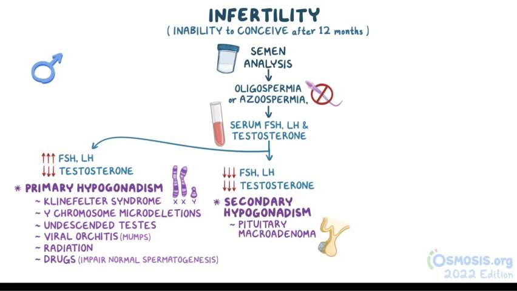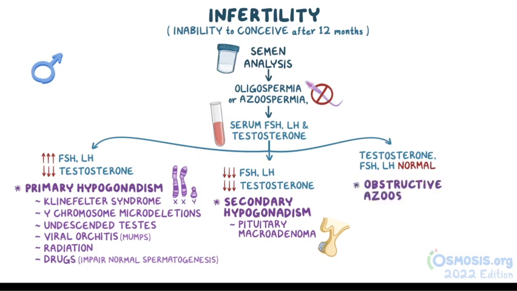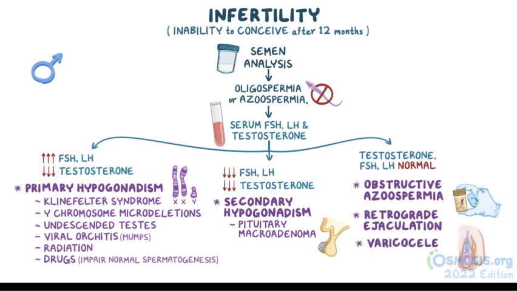Finally, if there's azoospermia, but serum testosterone, FSH, and LH are all normal, there may be obstructive azoospermia or retrograde ejaculation. A clinically visible or palpable varicocele may be blamed for infertility if no other cause has been identified. If there's no varicocele either, the diagnosis is idiopathic male infertility.